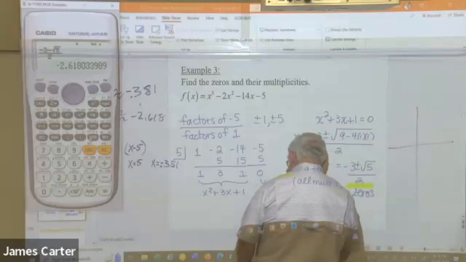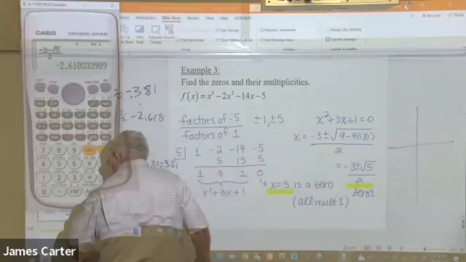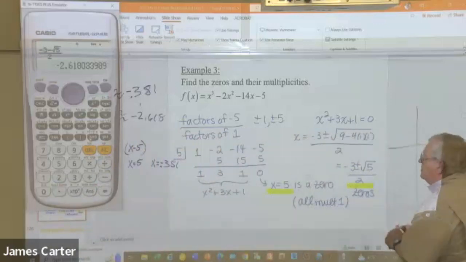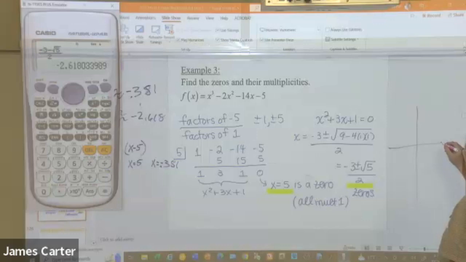All right. Now, graph wise, if I want to graph this thing, graph paper. Okay. The 5 is easy. Okay, right here. Negative 3.81.